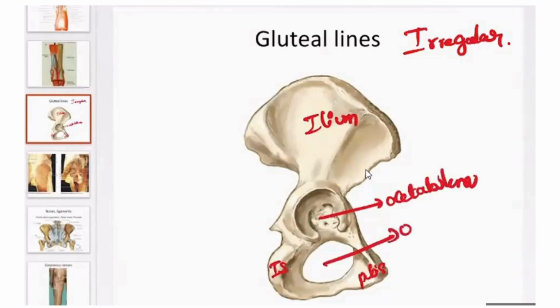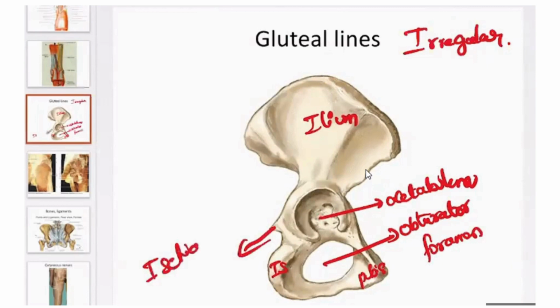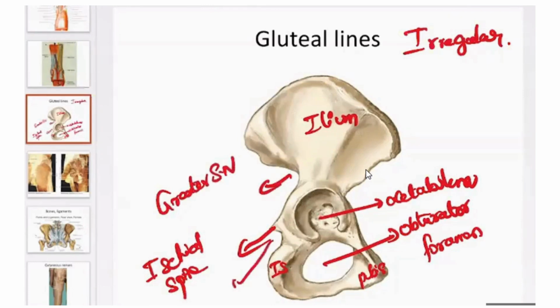This is called the obturator foramen. This is the ischial spine. This is the greater sciatic notch. This is the lesser sciatic notch. Iliac crest.